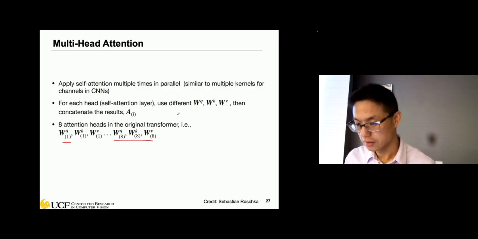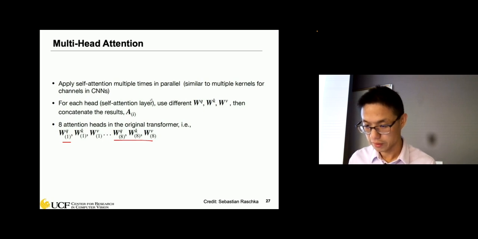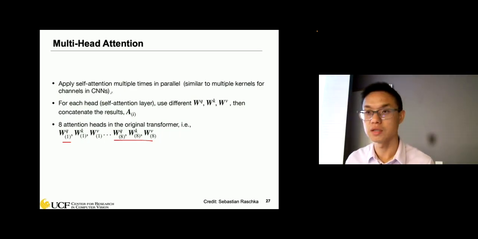Okay, so that's the self-attention. But in the original paper, they are not just using a single set of these QKV projection matrices. They are actually using multiple attention heads, so they call this multi-headed attention.